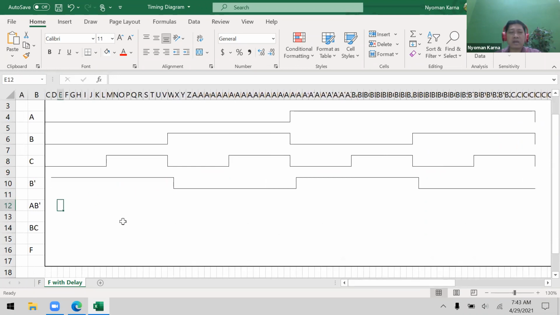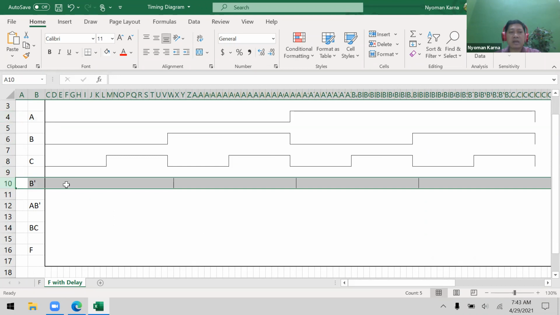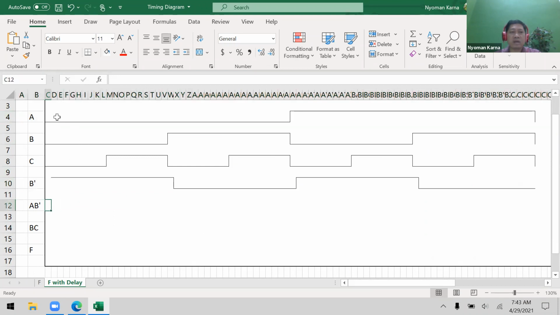Now for the A B naught, we're going to multiply this signal with this signal, A times B naught. 0 times 0 is 0, this is 0, and this one is 1. 0 times 1 is 0. And this one is also 0.